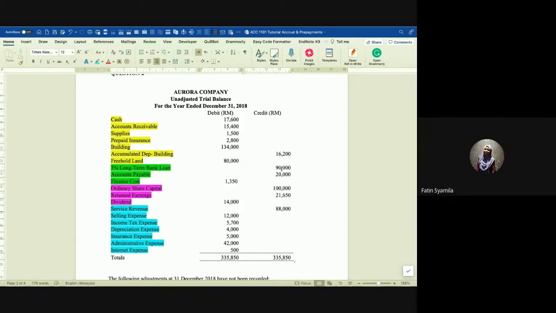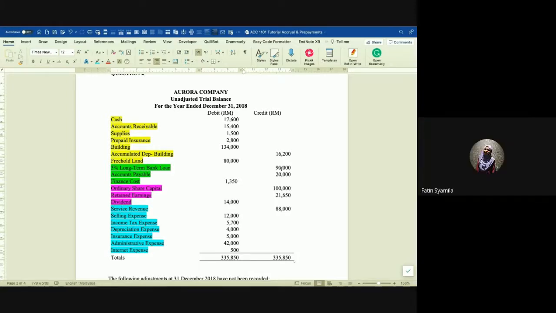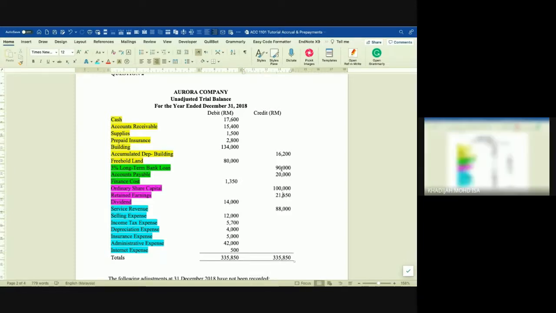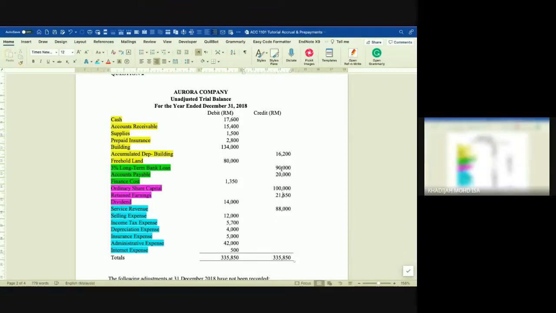Okay. First, we prepare the statement of financial position. Next, we prepare the statement of retained earning. Next, we prepare the statement of profit and loss. Okay, so these are the 3 statements required, right?